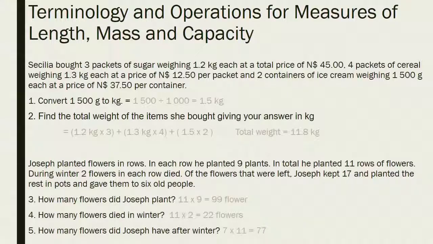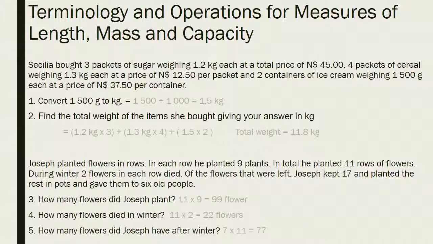So we go back to our question. She had 11 rows, and in each row, like 11 of them, 1, 2, 3, 4, 5, 6, 7, 8, 9, 10, 11. In all these rows, each row has how many flowers or plants?